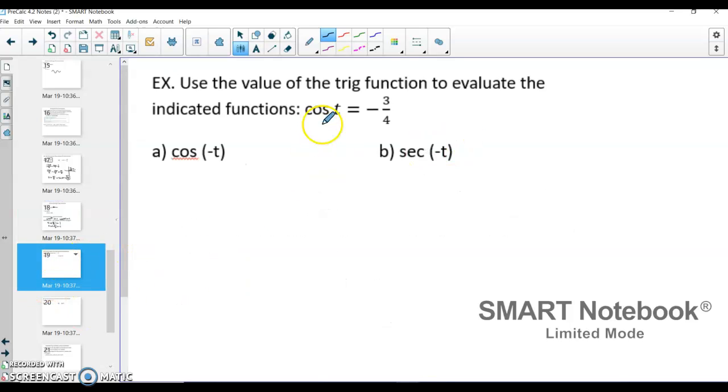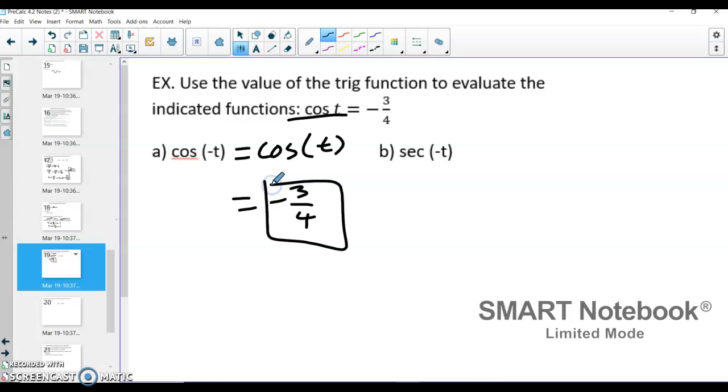All right, so then we have here just evaluating this, and this is the cotangent of -t. Because cosine is an even function, the cosine of -t is the same thing as the cosine of +t, and we know that the cosine of +t is -3/4. Same thing with secant.